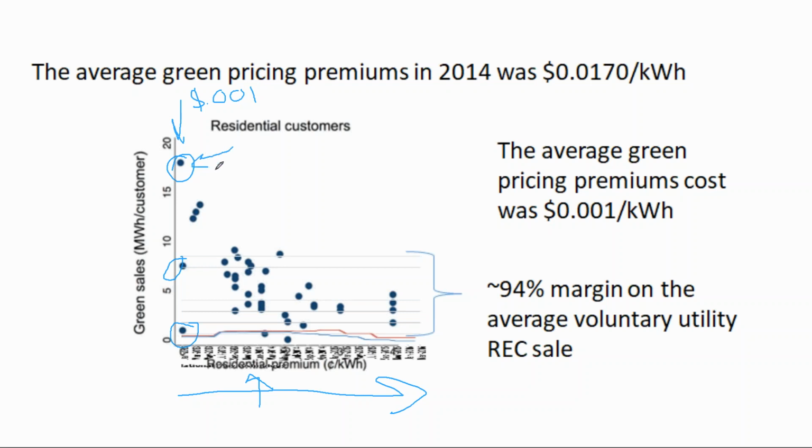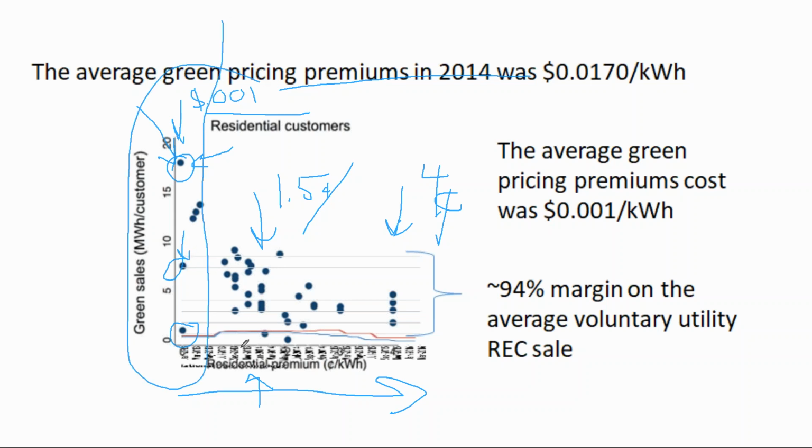There are power companies out there whose green premium pricing plans to the customer are 1/10 of a penny a kilowatt hour. Most of them are in the 1.5 cent a kilowatt hour range. Some of them get up into the 4 cent range. Whereas the actual cost incurred of buying these green energy credits by the utility is right down here at 1/10 of a penny.